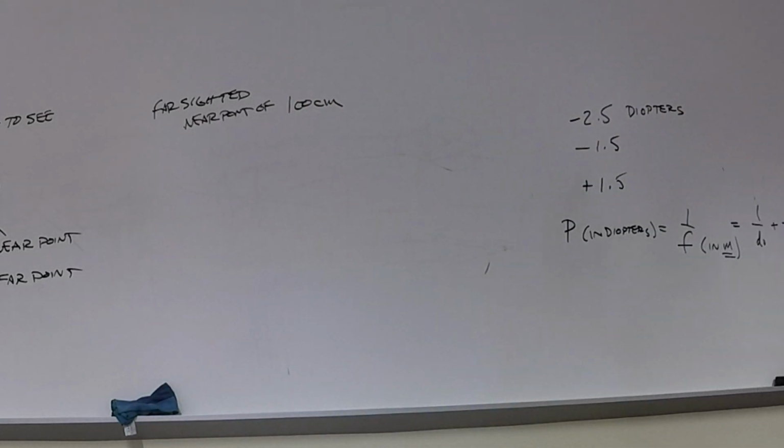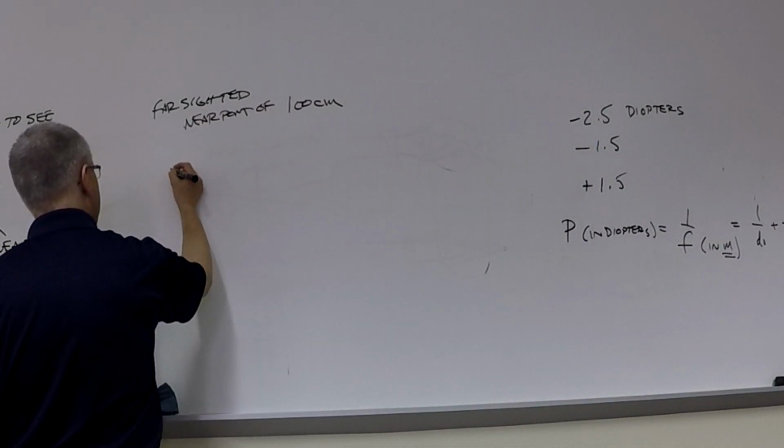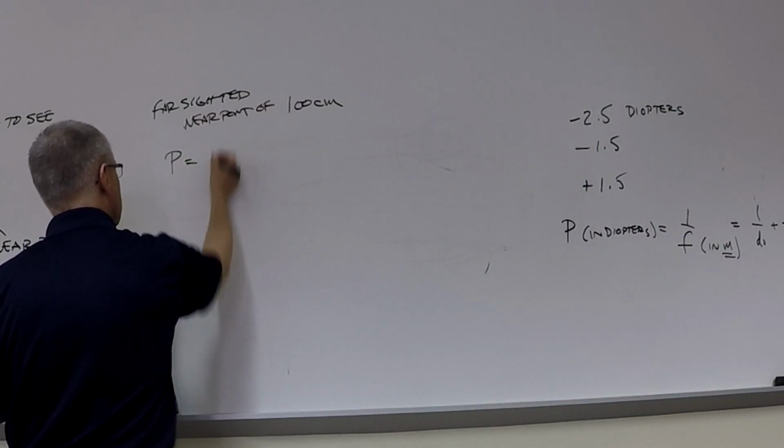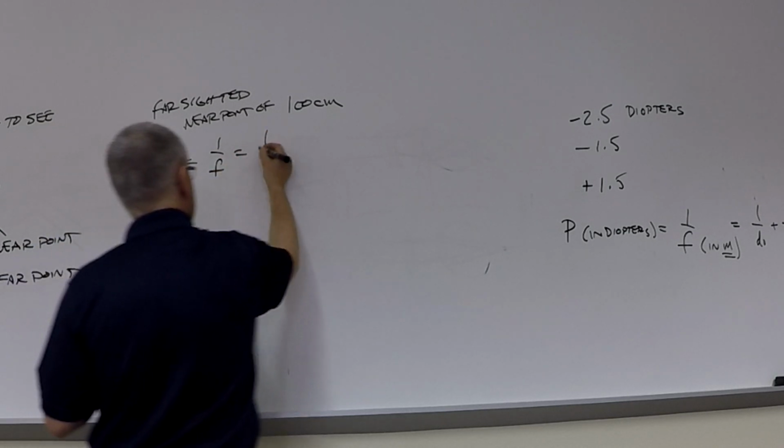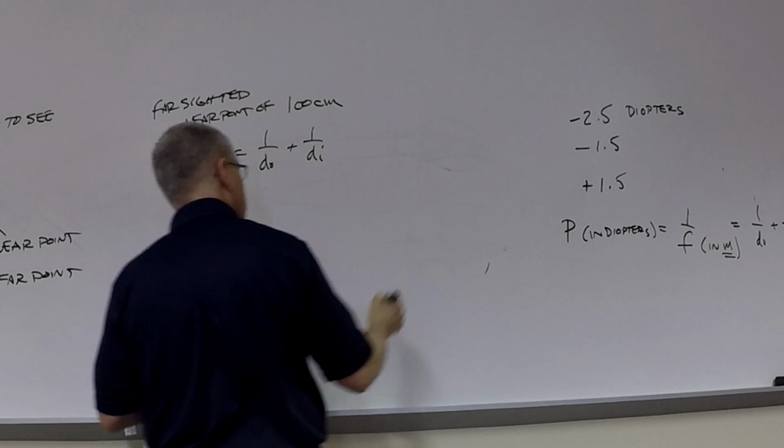Let's prescribe some contact lenses. In other words, what we're going to do is find the power of that lens, which is 1 over the focal length, which is 1 over distance to the object, plus 1 over distance to the image.